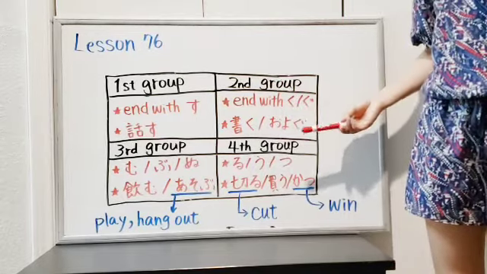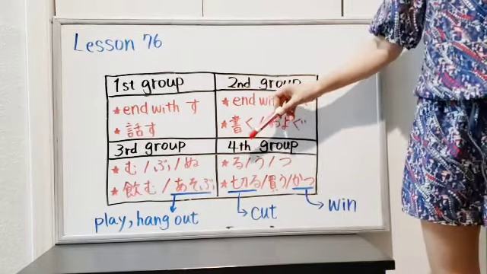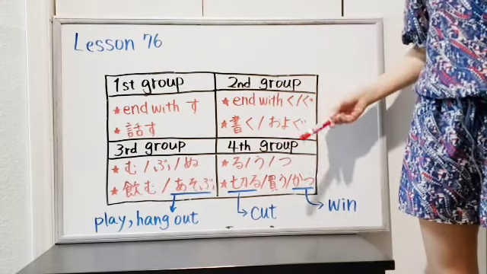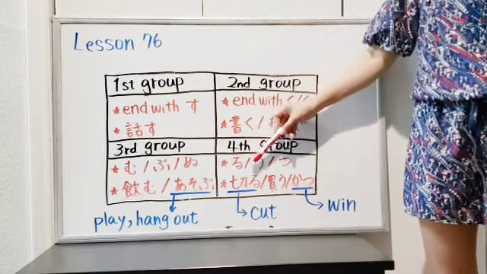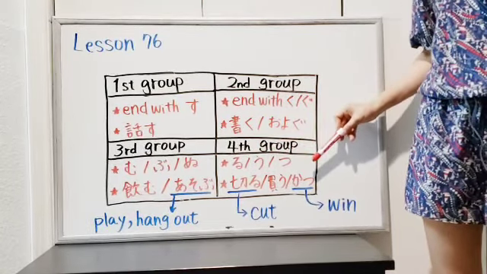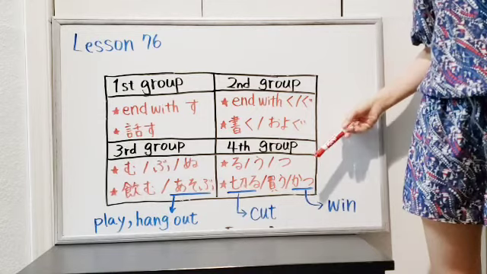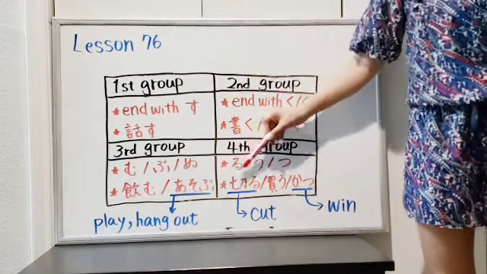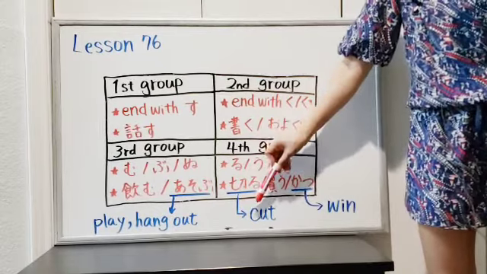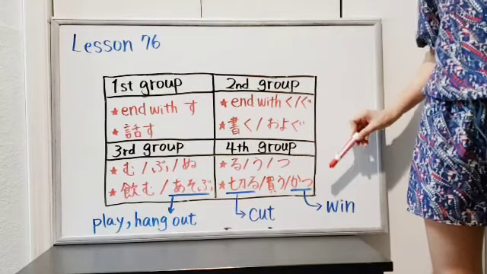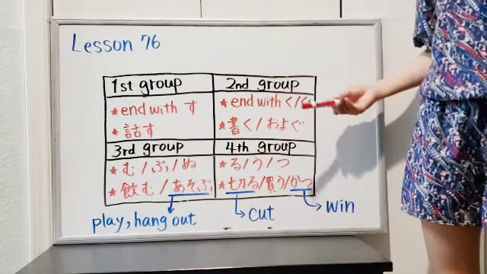If u-verbs end with ru, u, or tsu, such as kiru, kau, katsu, they belong to the fourth group. Kiru means cut. Katsu means win in Japanese.